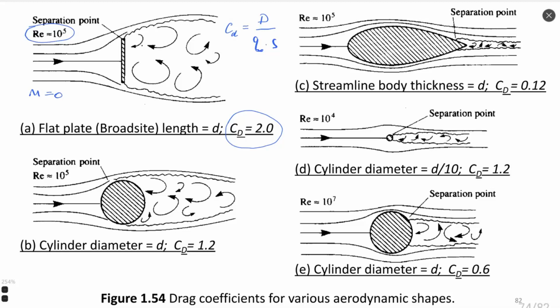Usually all drag coefficients for other bodies have smaller values. For example, for a cylinder, case B, cylinder diameter D, the drag coefficient is equal to 1.2. Already almost 2 times smaller.